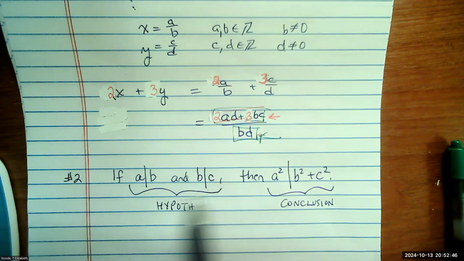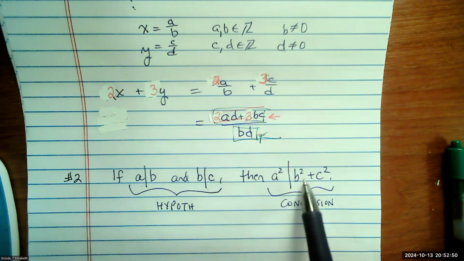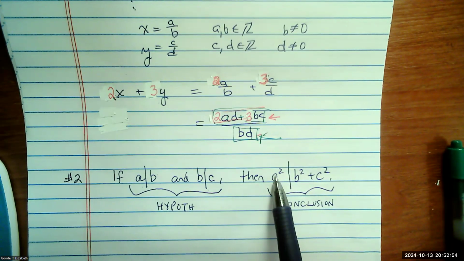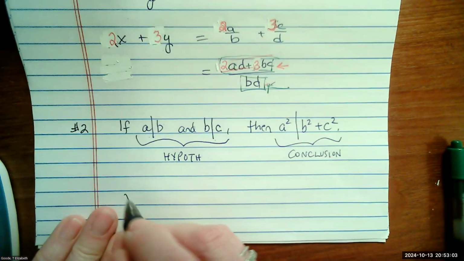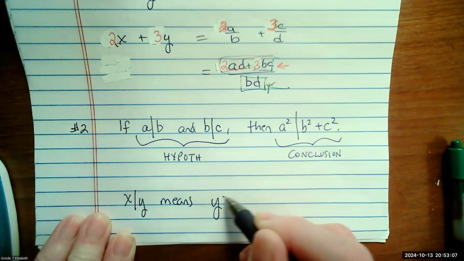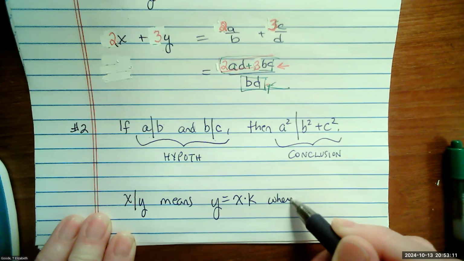Then you get your equations for B and for C. And then you got to get an equation that shows B squared plus C squared equals A squared times some integer M. Remember the definition of divides? X divides Y means Y is equal to X times K, where K is an integer.